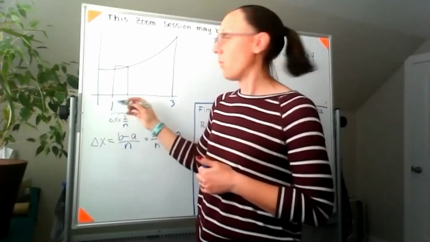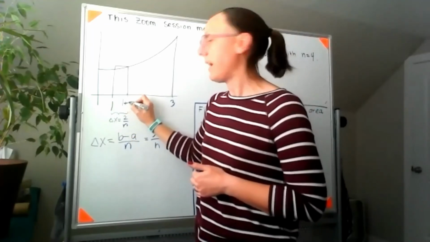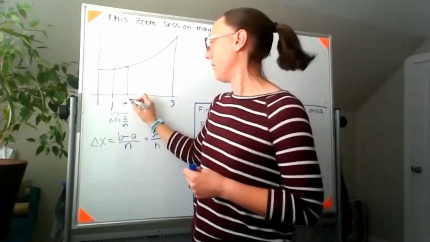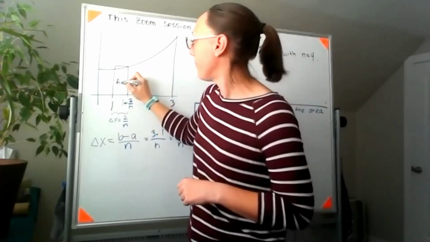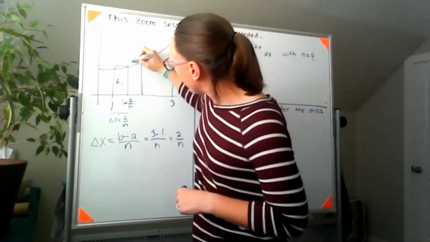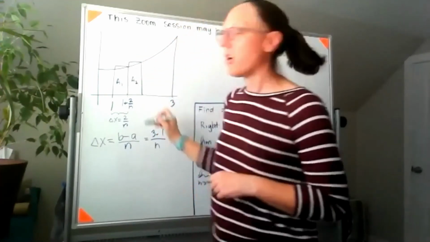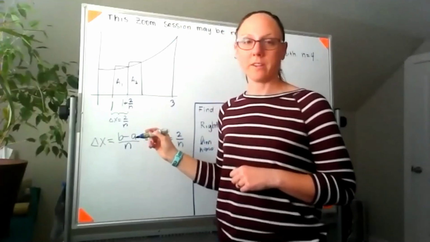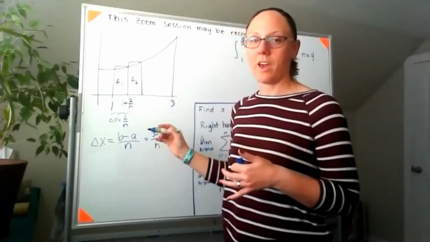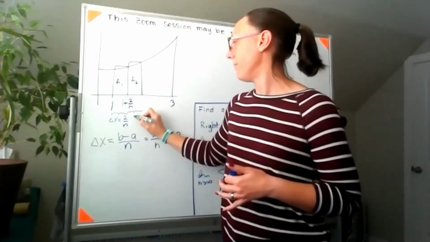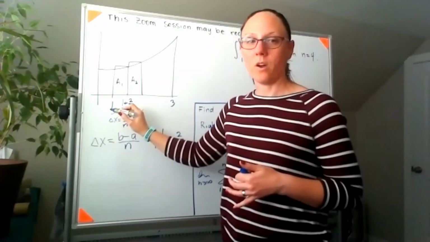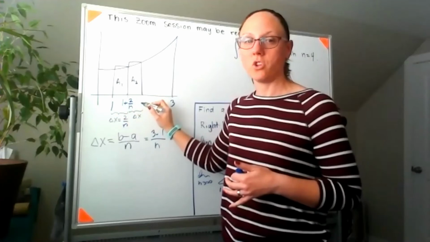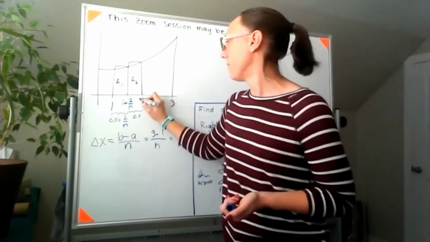So I started at 1, and I've added 2 over n. For our second rectangle, that x value that we're looking at, we've now moved another delta x. So we started at 1, but we've moved 2 of the 2 over n's.